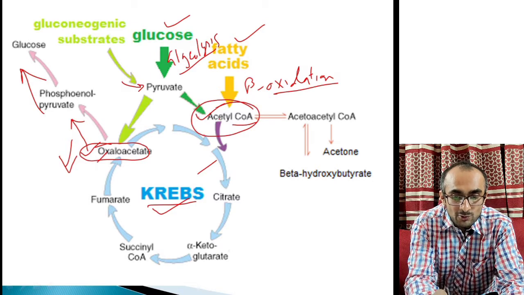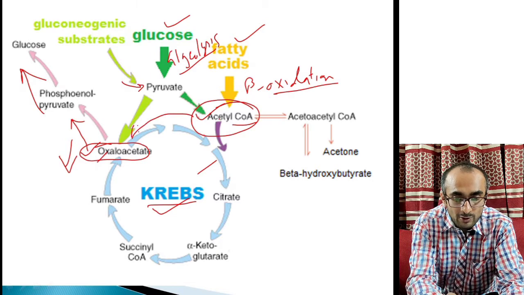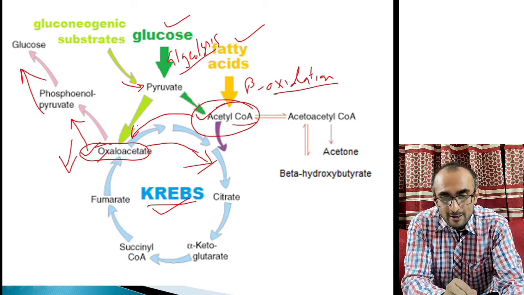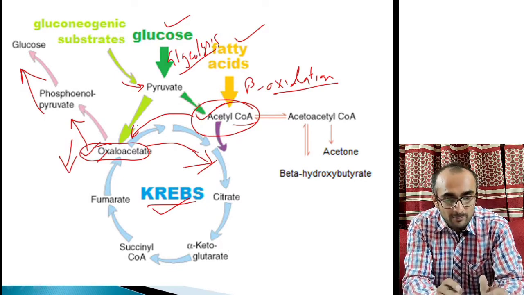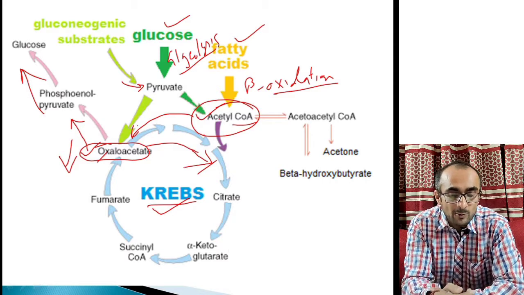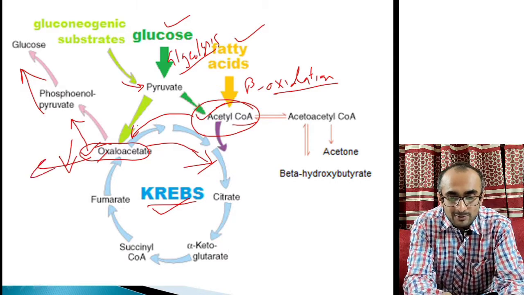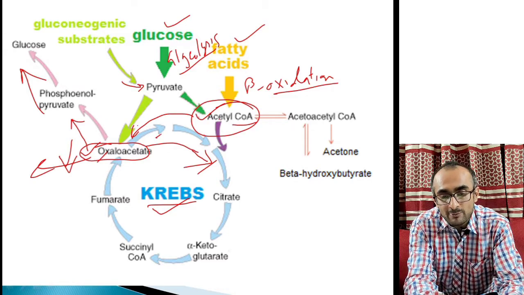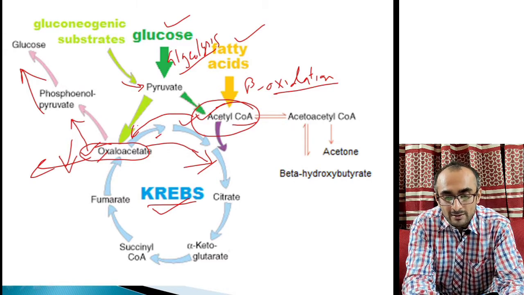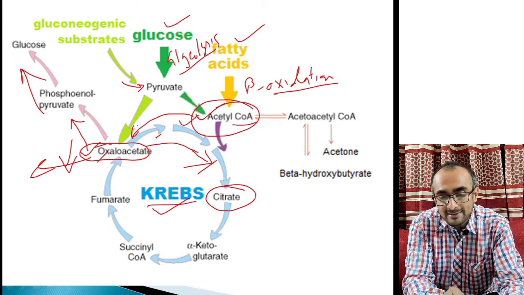acetyl-coenzyme A should react with oxaloacetate to form citric acid, to form citrate. But in case of a low carb diet or missing glucose in the cell, oxaloacetate is depleted, so oxaloacetate cannot react with acetyl-coenzyme A to enter into the citric acid cycle.